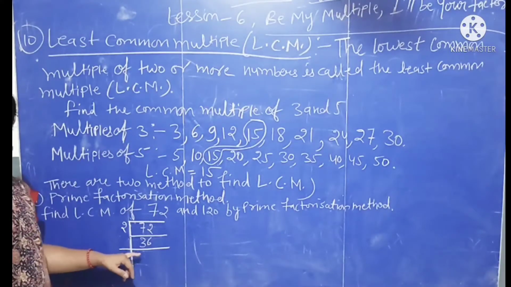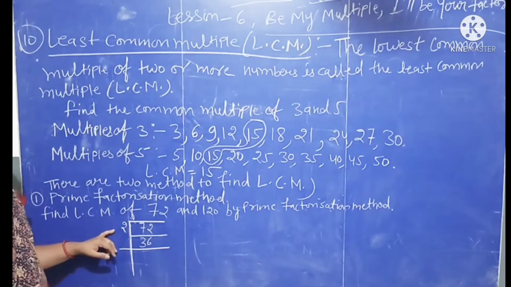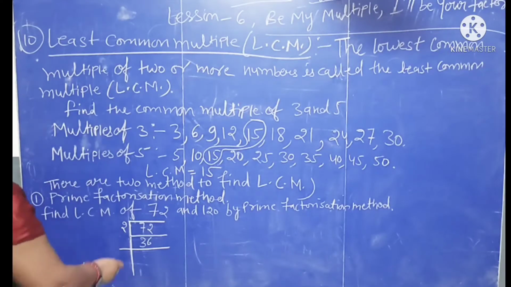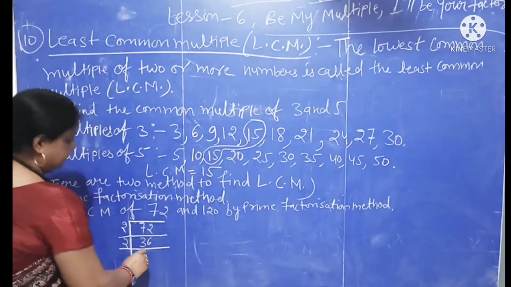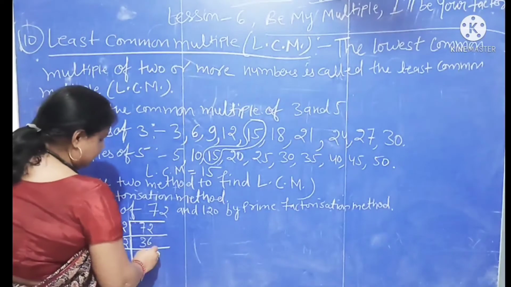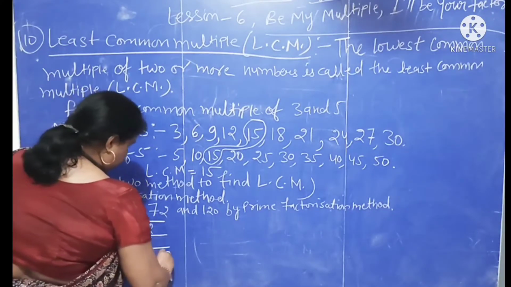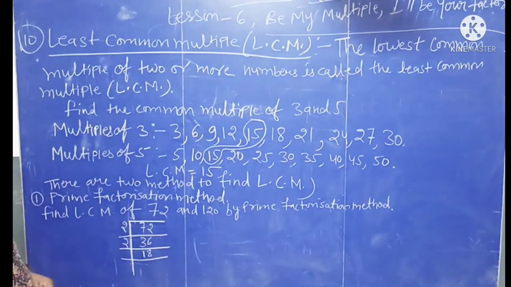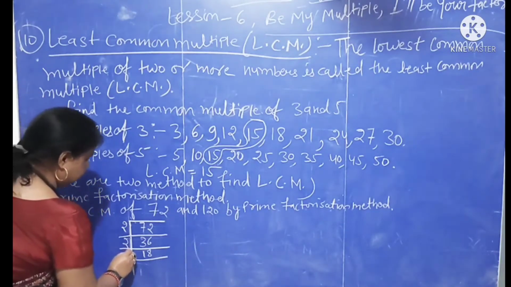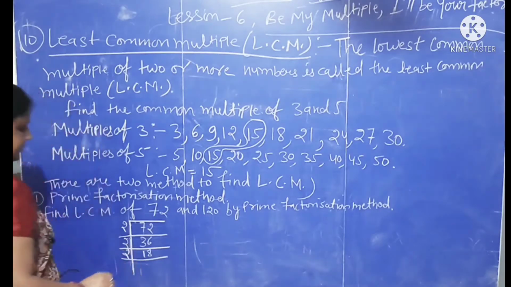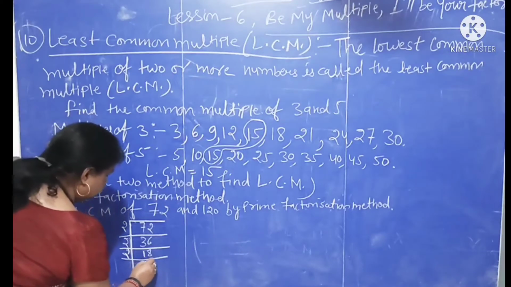As long as it is divisible by 2, we take the number 2 as a divisor. So, 2 times 1 is 2, remaining 1, here will be 16. 2 times 8 is 16. Now, 18 is divisible by 2, so we take 2 again as a divisor. So, 2 times 9 is 18.